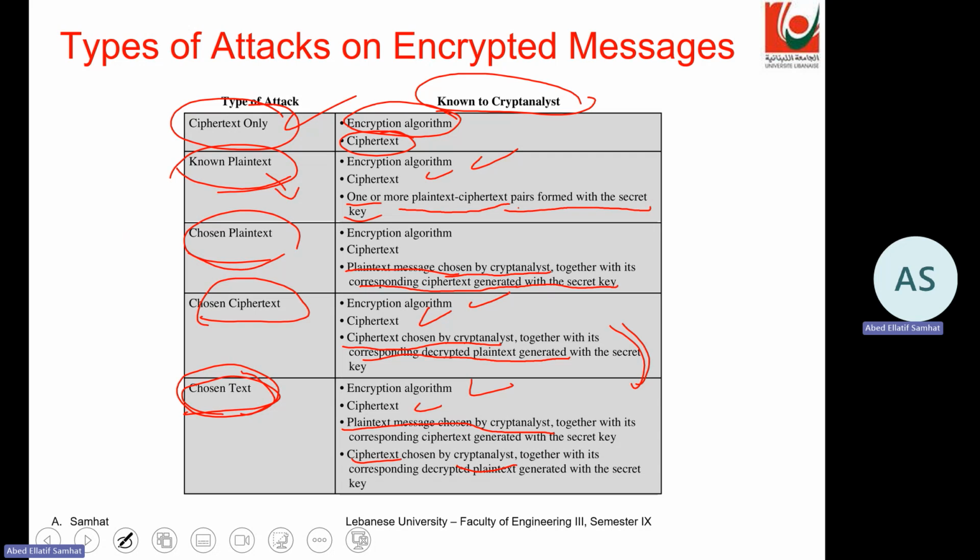So now, if you read a paper, maybe they say that we have to test against a chosen plain text attack, or that this algorithm or scheme or cryptosystem is robust against chosen plain text attack. So you are aware now what each type means. Okay.